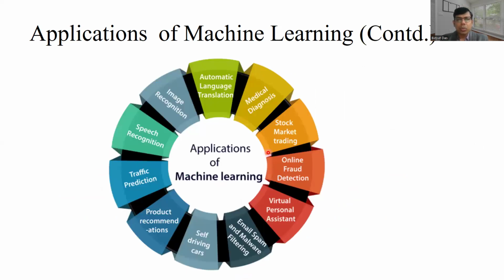This slide again shows applications of machine learning in different areas like automatic language translation, medical diagnosis, stock market trading, online fraud detection, virtual personal assistants or chatbots, email spam and malware filtering, self-driving cars, product recommendation systems, traffic prediction, speech recognition, image recognition, and so forth.